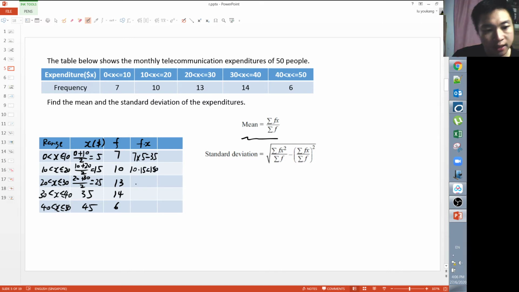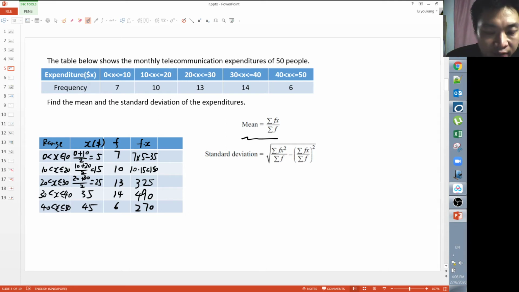Similarly, you have 13 times 25. Let me get my calculator. That will give me 325. Next, I have 14 times 35, which gives me 490. And last, 6 times 45, which is 270.